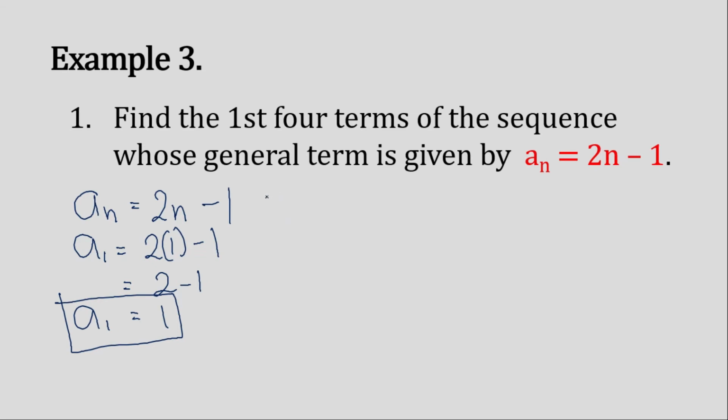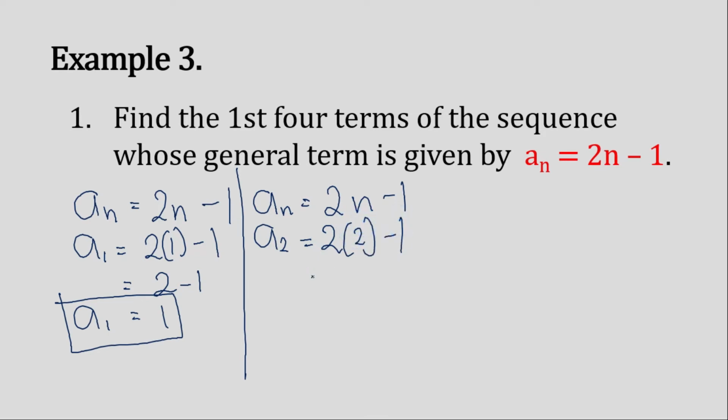Again, let's solve for a sub 2. A sub n, the general formula, equals 2n minus 1. So we have a sub 2, the second term, is equal to 2 times 2 minus 1. So that is 4 minus 1. So a sub 2 is 3.